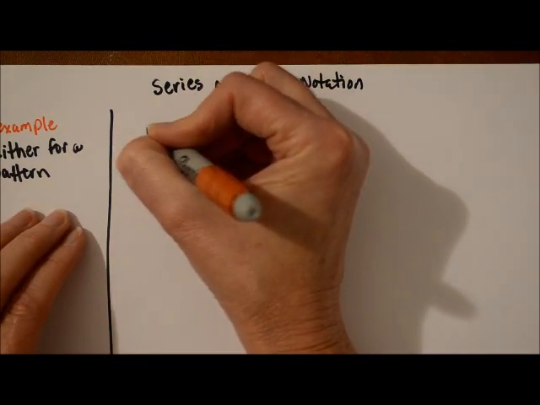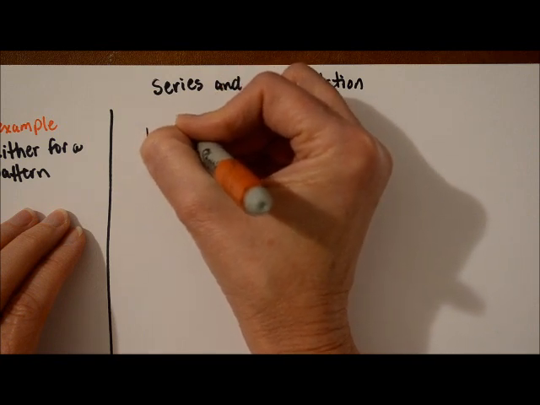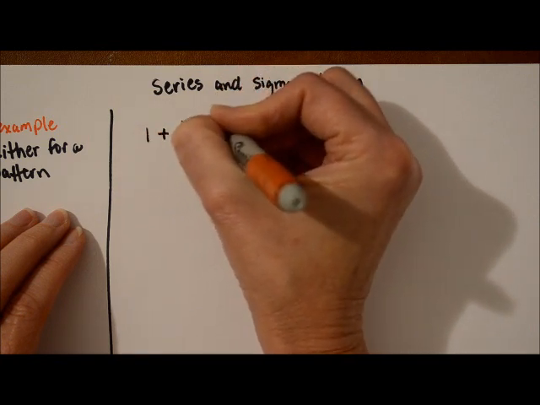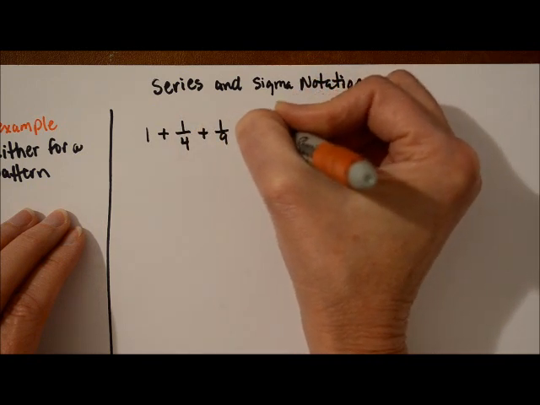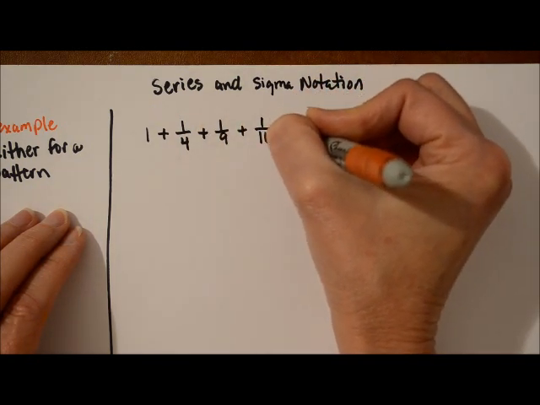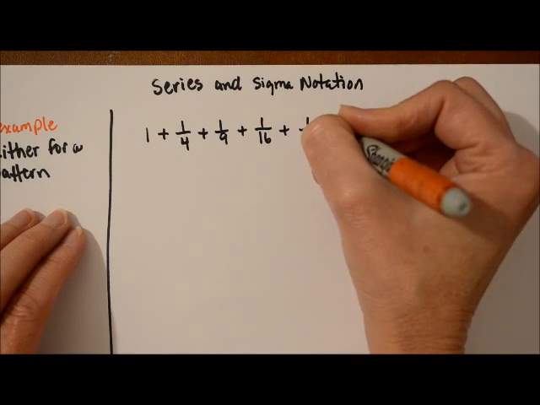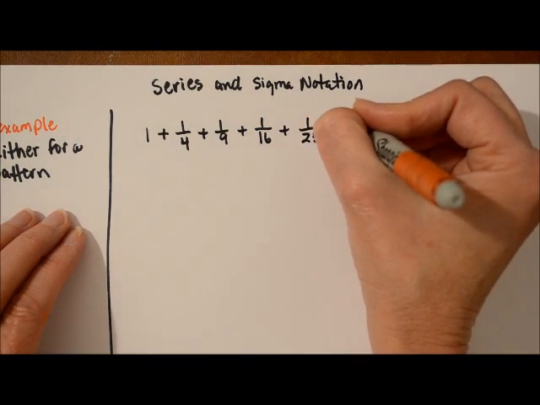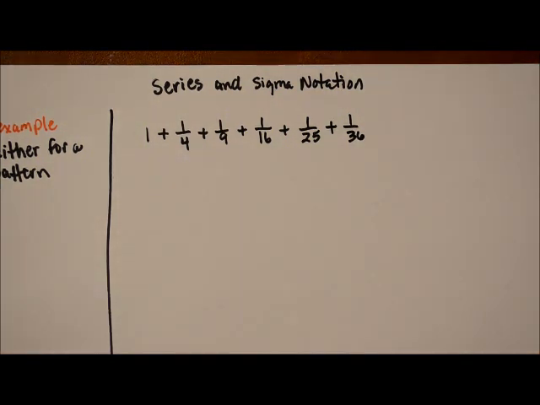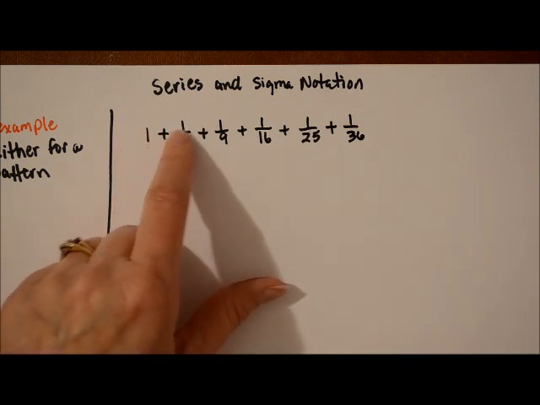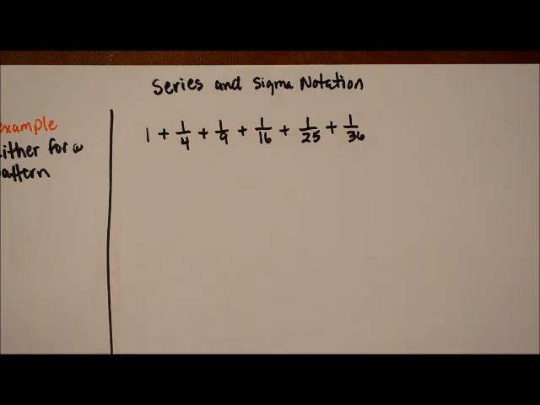But here is a series that is neither. Go one more just for fun here. Okay, that's neither. And if you look at it, if I look at the numerator, they're all 1.